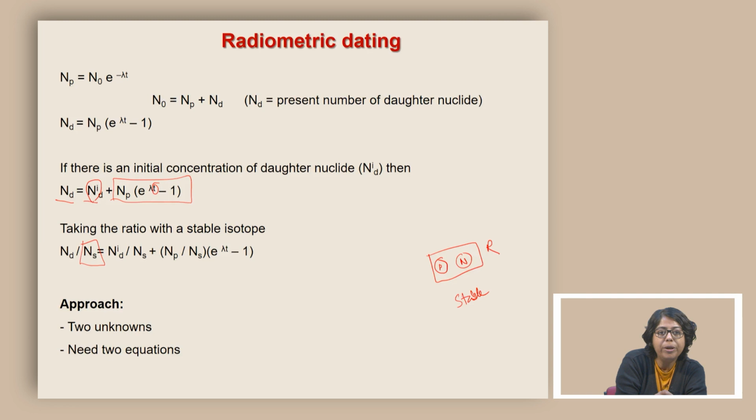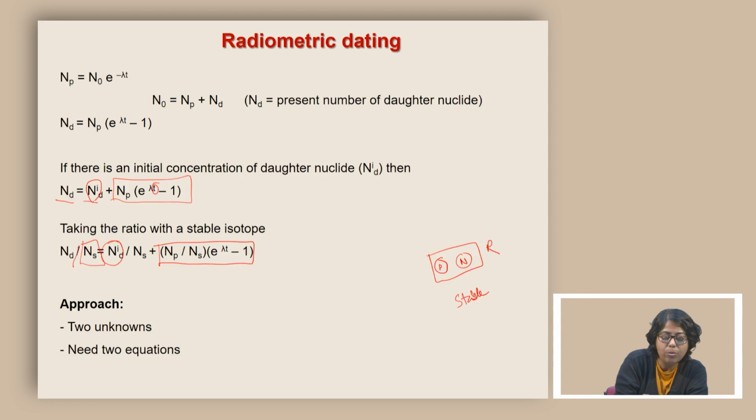So, what we can do to this equation is divide this entire equation with the stable isotope of that daughter nuclide, and then we find an interesting change. It gives you the daughter nuclide divided by the daughter nuclide's stable form, and then it also gives you the initial concentration of the daughter nuclide divided by the stable form, and for the rest of the equation it does the same thing.